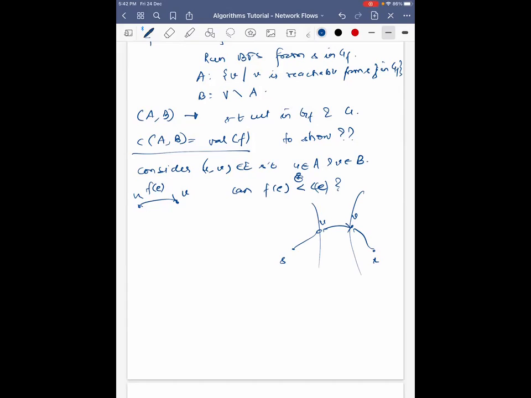But what if there is some flow in this which is lesser than c_e, but there is some edge in this path from V to T, which has zero capacity in the final residual? There is some edge from V to T in this path which has zero capacity in the residual.